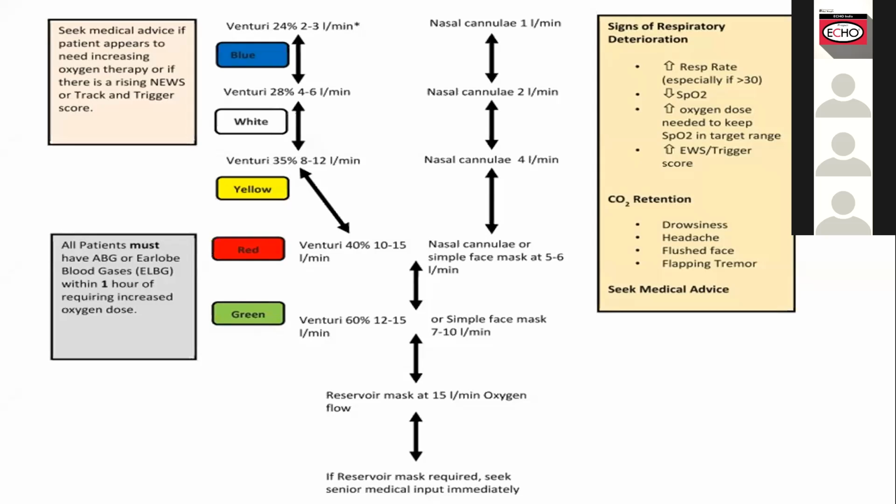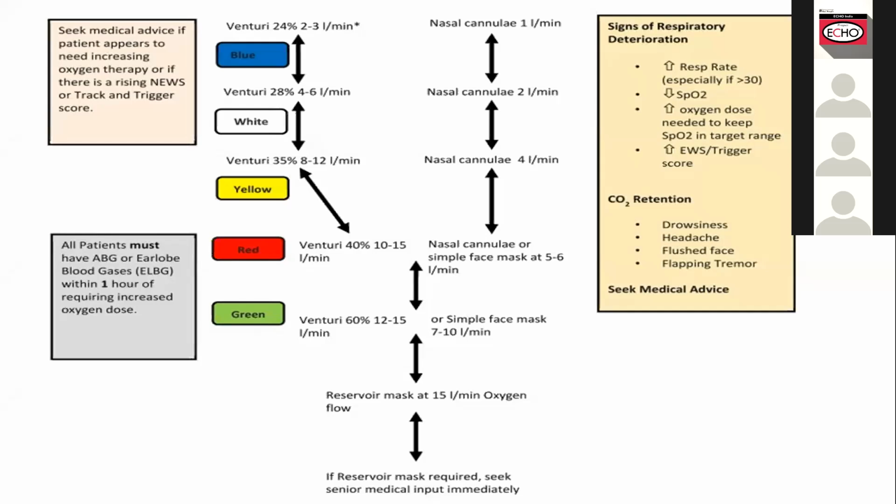So for patients who have COVID, but also have other conditions that might cause type 2 respiratory failure, you want to choose this Venturi face mask, and you can start with 2 to 3 liters and see how your patient does.